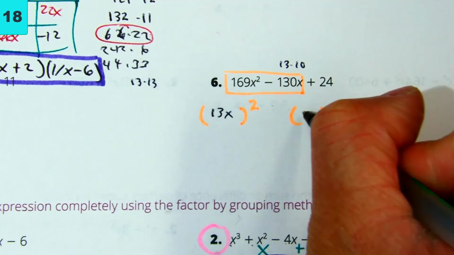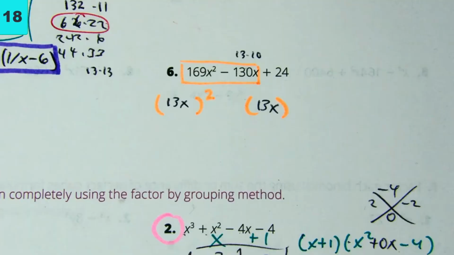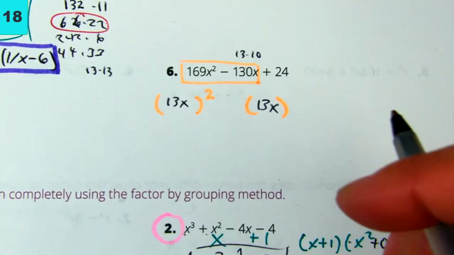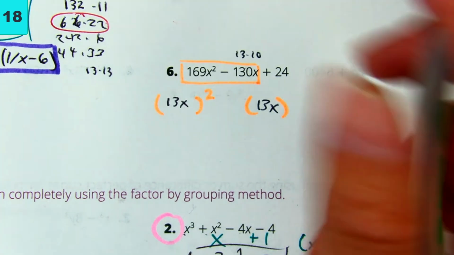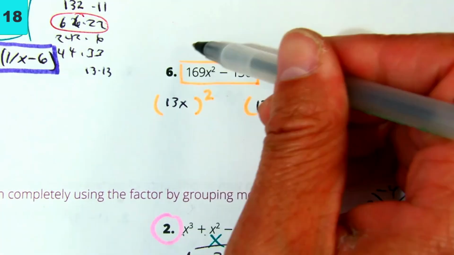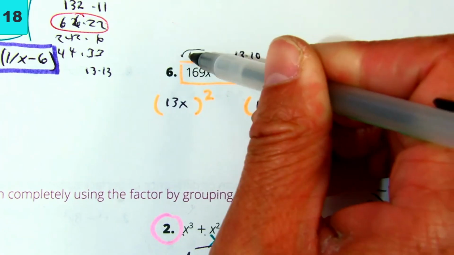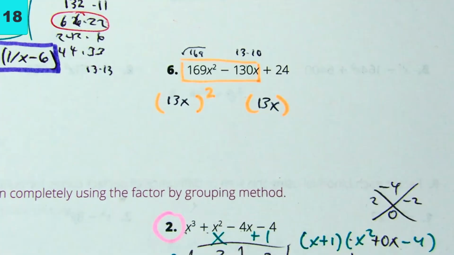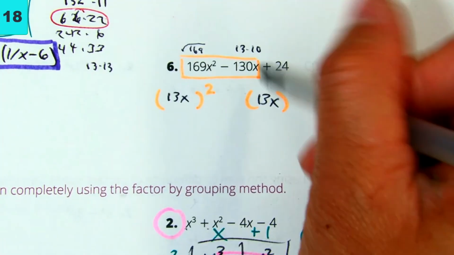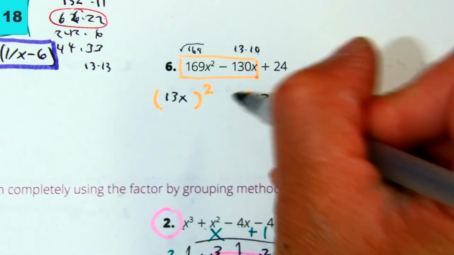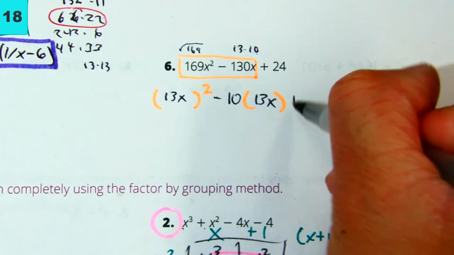Yep. Isn't it when chunking you always use the square root of the first? That is another method. I like that. Angel recommended taking the square root of 169, and you'll actually get 13. Here I have 13 times 10, so that's why I'm going to put a 10 outside, and then plus 24.